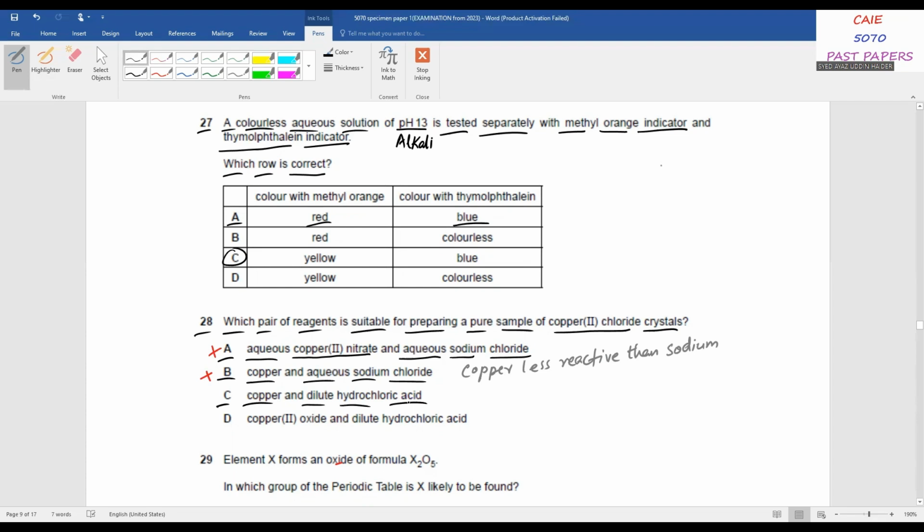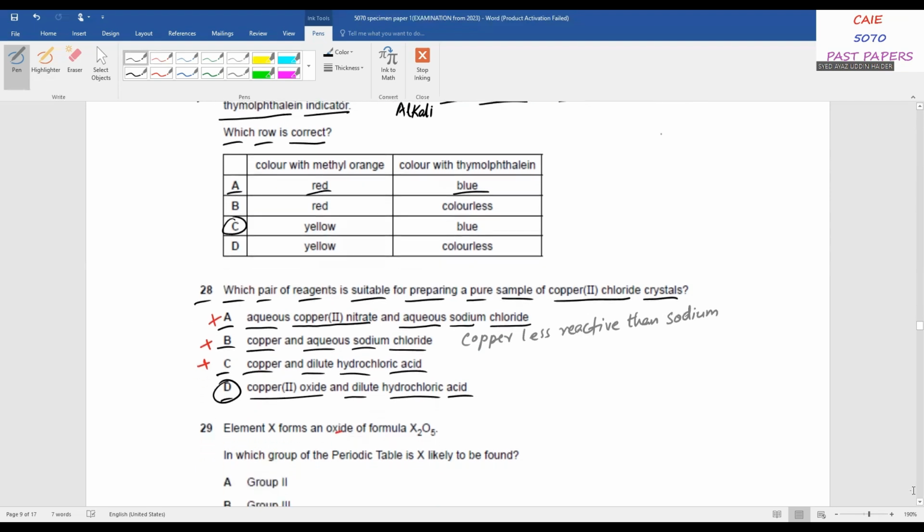It will only react with concentrated acids. Statement number D, copper 2 oxide and dilute hydrochloric acid. This is the only correct statement here. You can prepare copper 2 chloride by reacting copper 2 oxide with dilute hydrochloric acid.